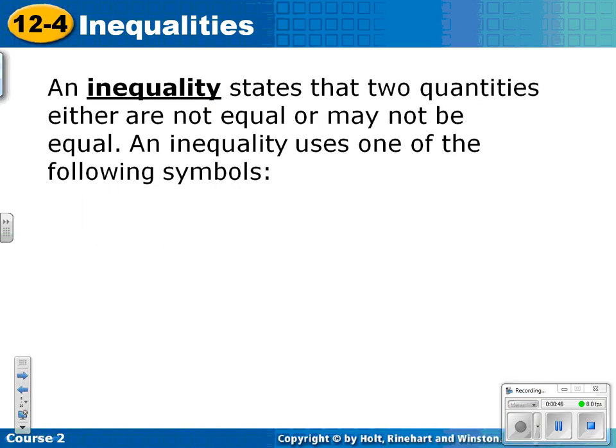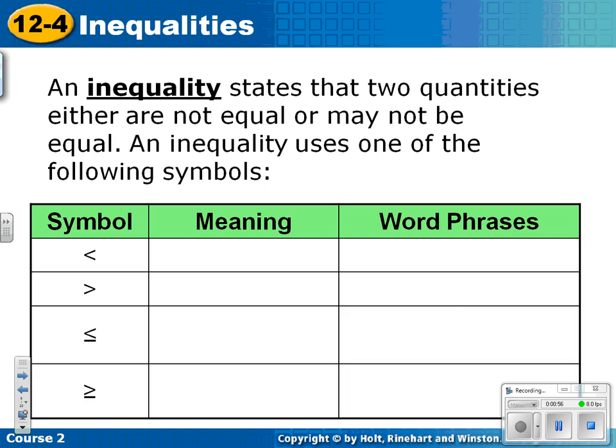An inequality says that two quantities either are not equal or may not be equal. An inequality uses one of the following symbols. You guys have all seen these symbols before. The first one, what does the first symbol mean? Jonathan, less than. Fewer than or below.